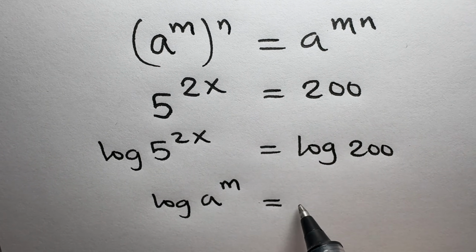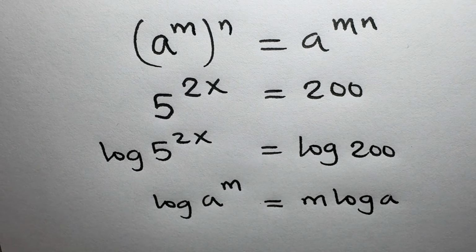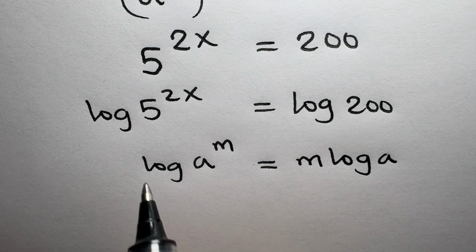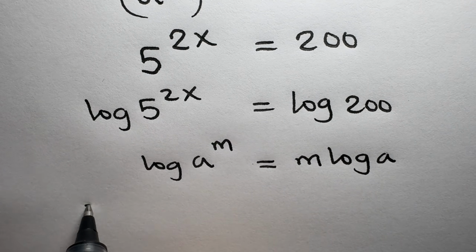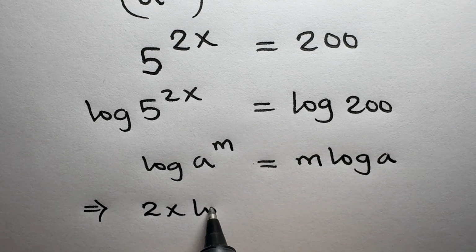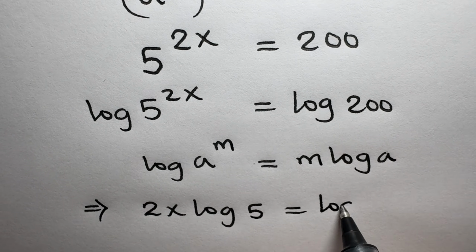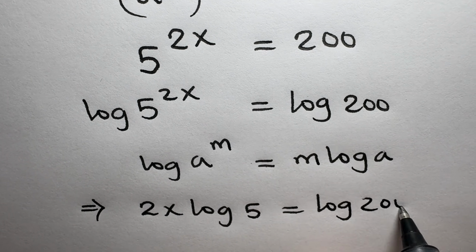By law of logarithm, this will give us m times log a, which, when applied to this, becomes 2x log 5 is equal to log 200.